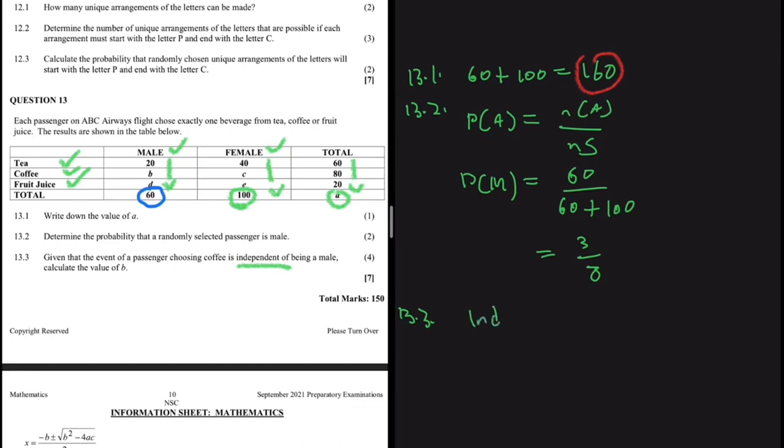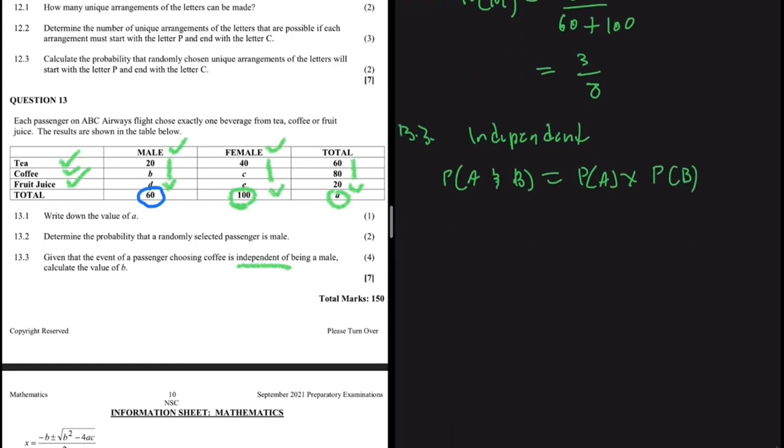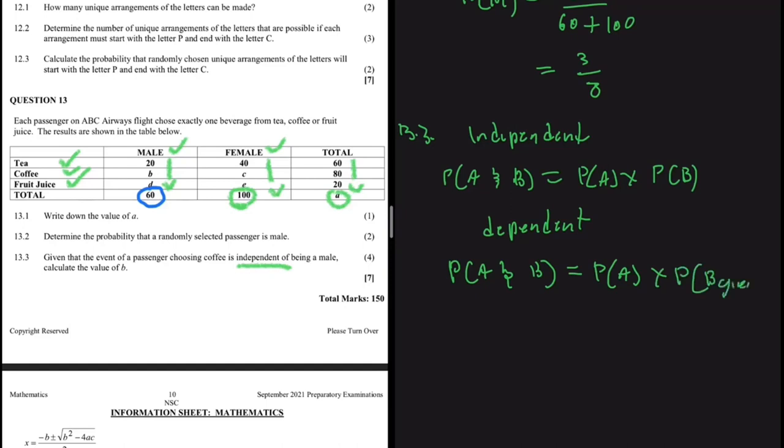If the events are independent, then the probability of A and B will be equal to the probability of A multiplied by the probability of B. But if the events are dependent, then the probability of A and B will be given by the probability of A multiplied by the probability of B given A, given that A occurs.